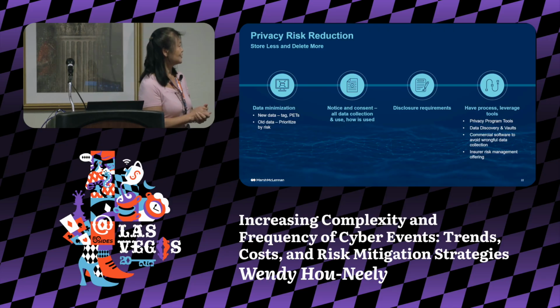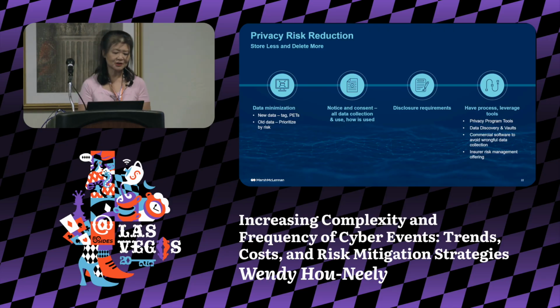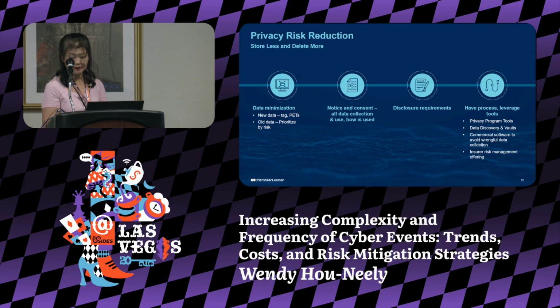In terms of data minimization, on the new data, you can actually tag a lot of your data. There are privacy enhancing technologies. With AI, you can do federated learning, where you train the machine on decentralized data without directly sharing the data.